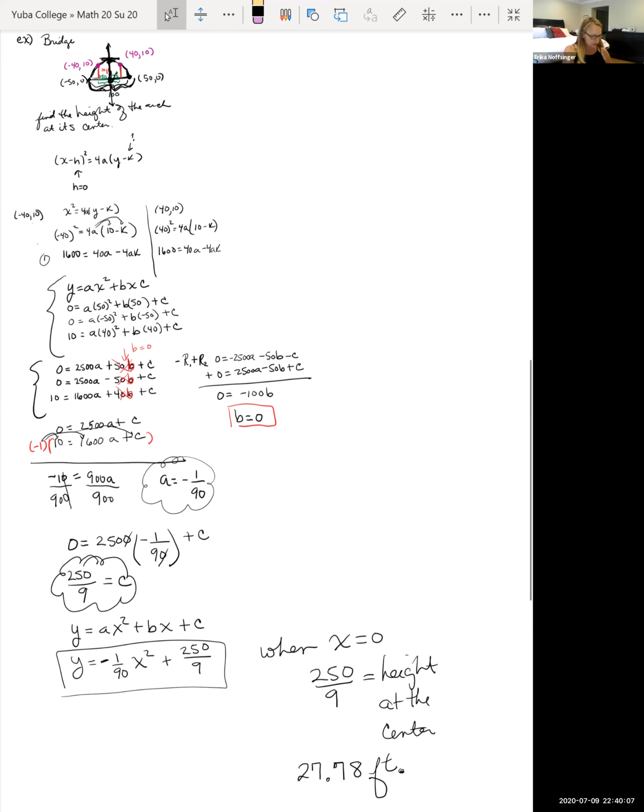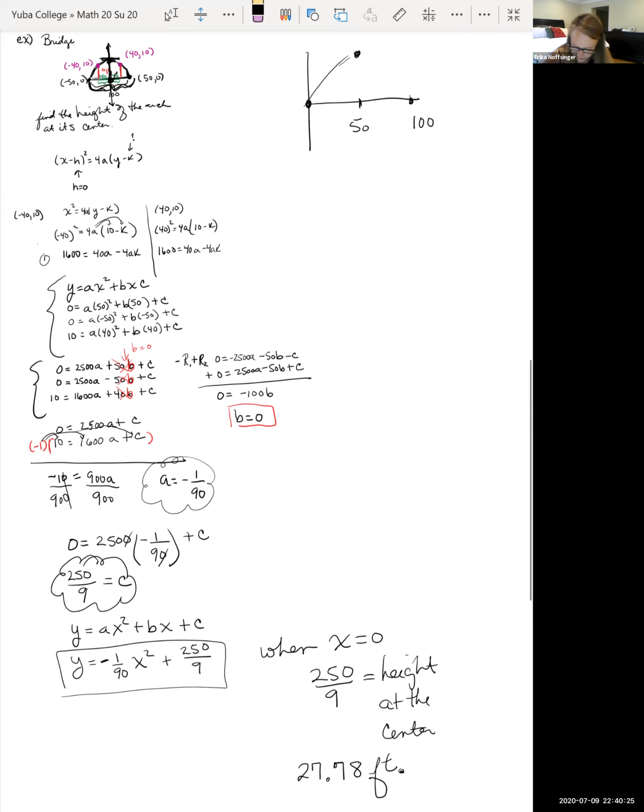So instead of centering it there at that origin, I could have gone out here where this was 100. Halfway point was the 50. And this is the height we're trying to find.